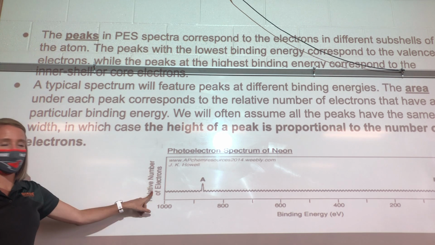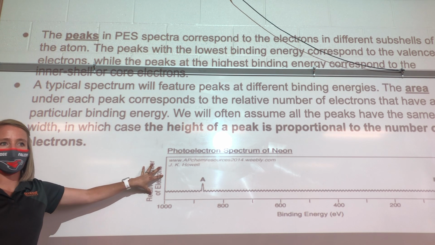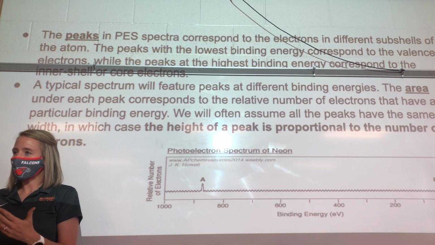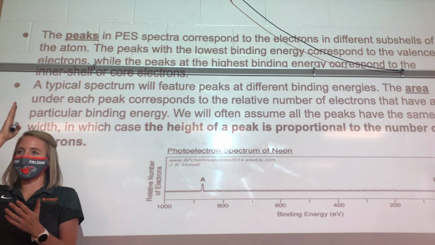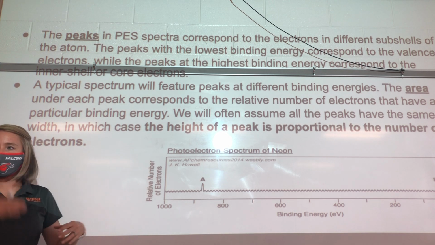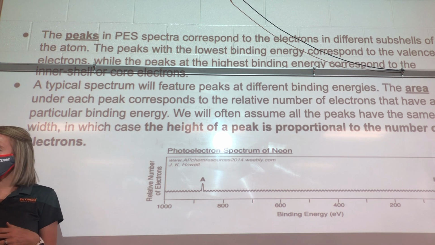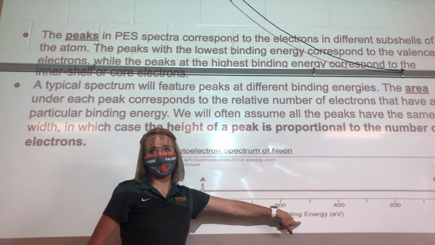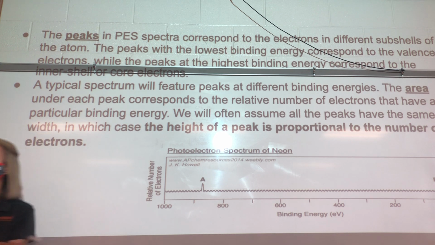So the y-axis of a photoelectron spectrum tells us the relative number of electrons, meaning how many electrons were removed at that particular point of energy. So the y-axis, or the height of the peak, tells you the amount of electrons. The x-axis tells you the binding energy, or how much energy it took to pull that electron off.